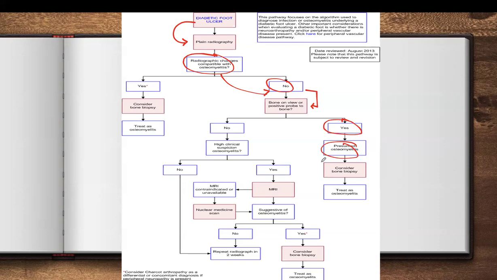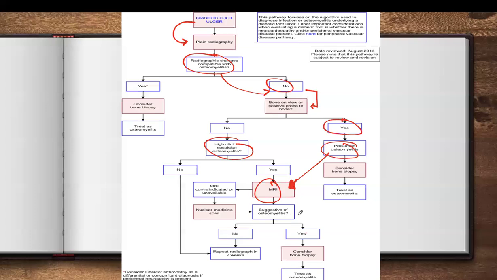Now, even with a guideline like this, ideally, if we get positive bone on probing, we will send the patient for MRI just to get a confirmation in a real life scenario. Now, let's say there was no bone on view or no bone to probe, but you are still suspicious of osteomyelitis.